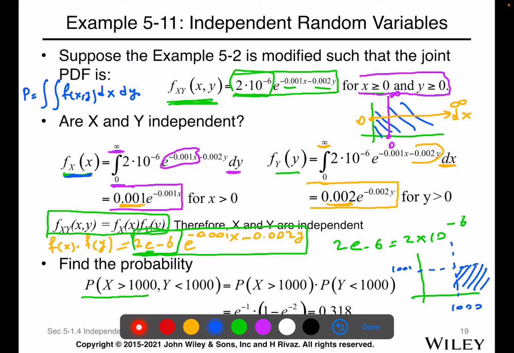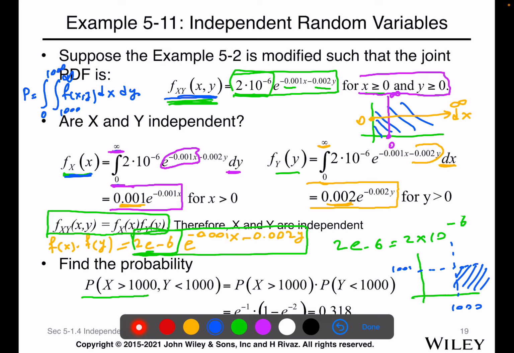For x, my range is from 1,000 to infinity, and the range for y is from 0 to 1,000. I can do this, but it's not a good idea. There is an easier solution because I just proved that x and y are independent from each other.